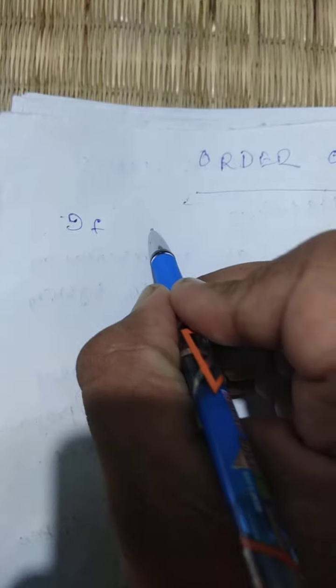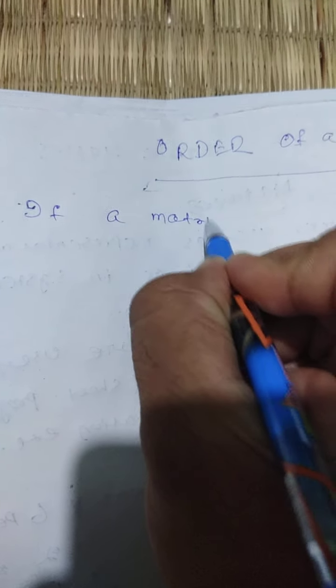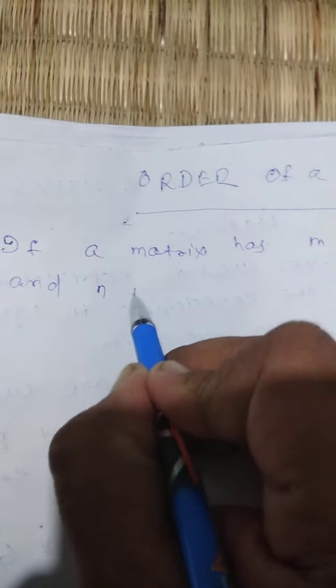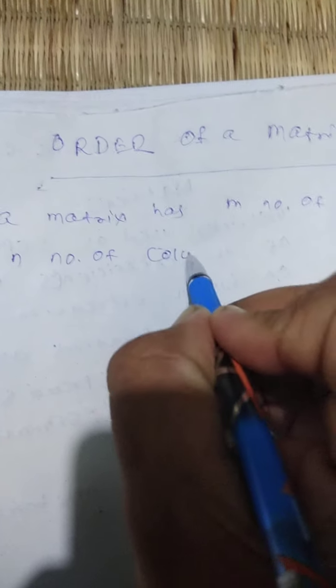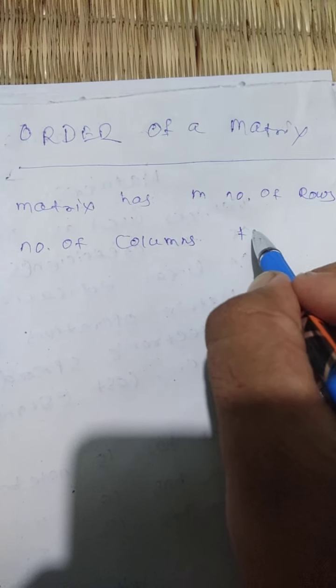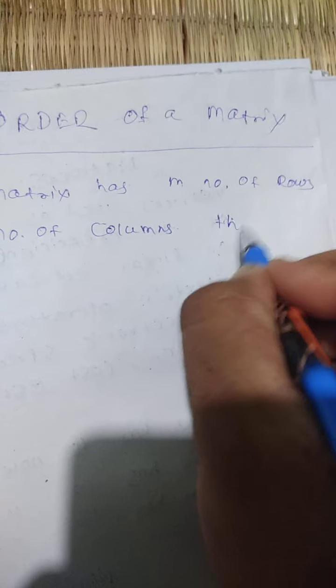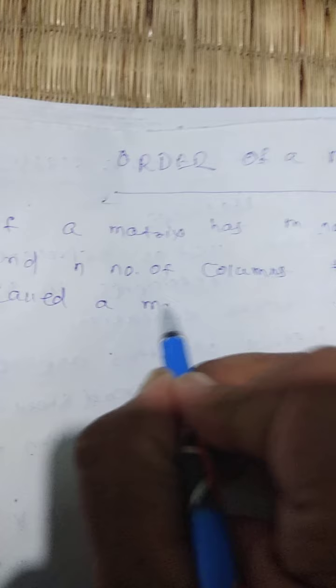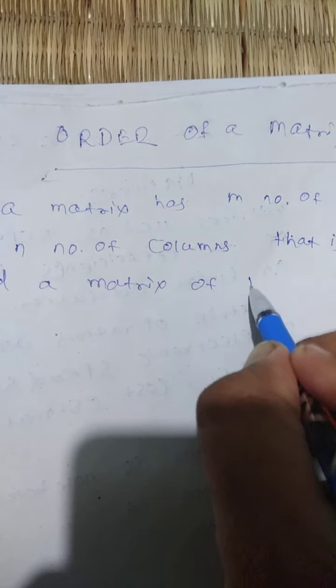Clear? Now, order of a matrix. What is the order of a matrix? If a matrix has m number of rows and n number of columns, that is called a matrix of m cross n.